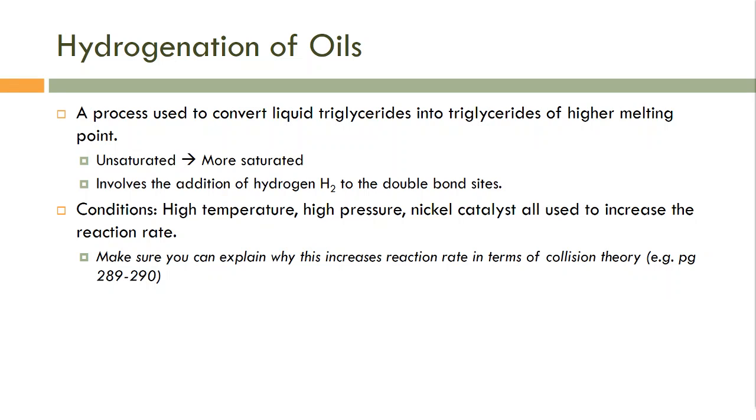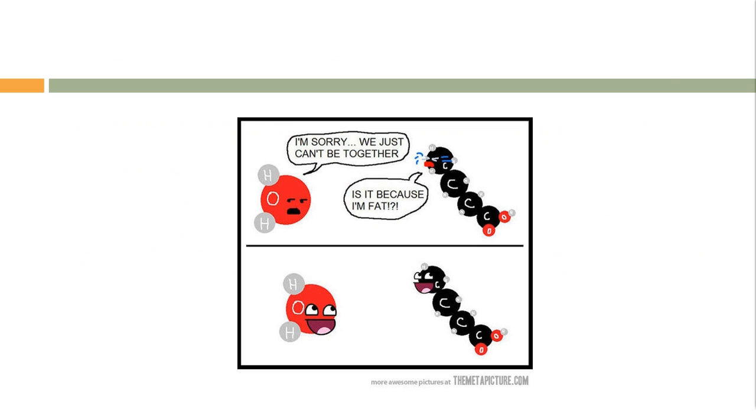All right, and make sure you can relate this back to what we talked about in the controlling reaction chapter. So you can explain why this increased the reaction rate in terms of collision theory: heat, pressure, and catalyst. So this is for making margarine. And that's it for the triglycerides.